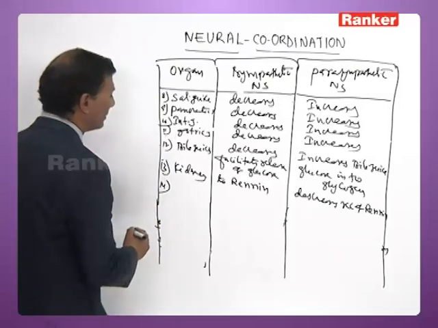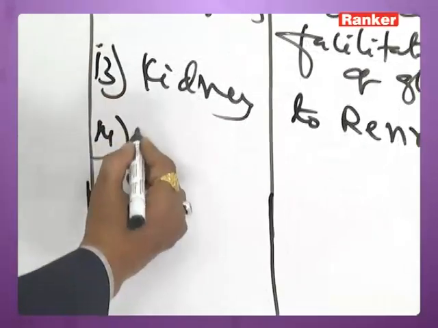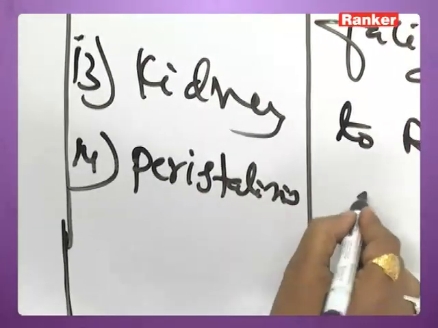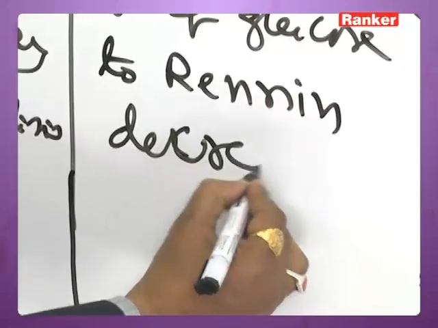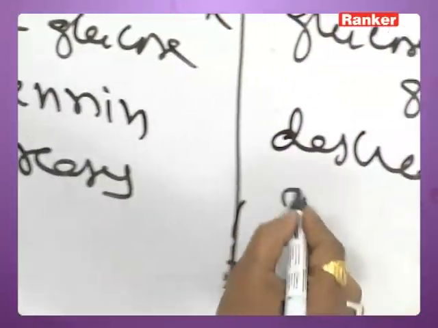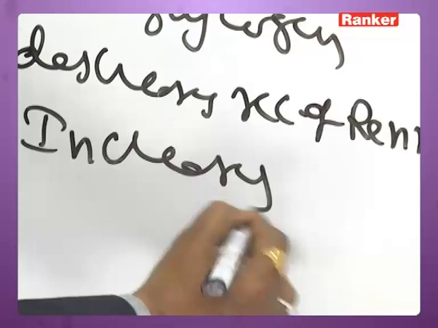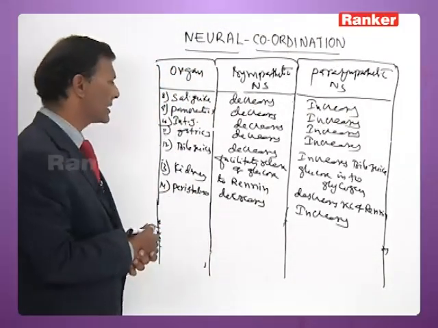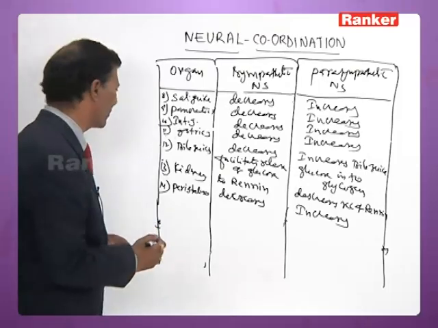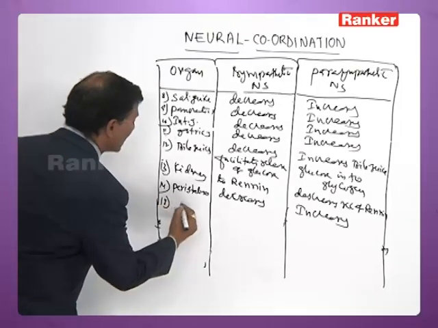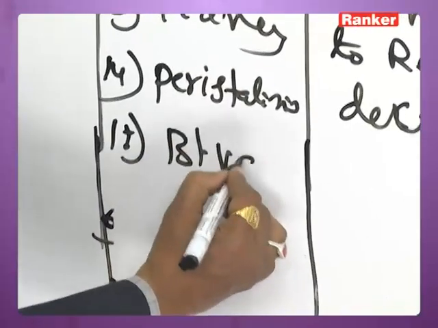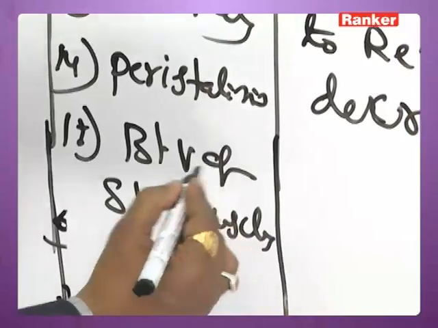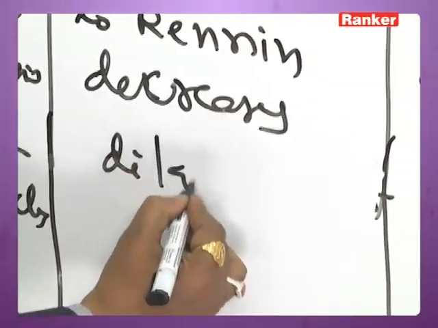Then next you have peristalsis. The sympathetic system decreases peristaltic movement, the parasympathetic system increases peristaltic movement. Then skeletal muscles, the blood vessels of skeletal muscles. The sympathetic system dilates those blood vessels.